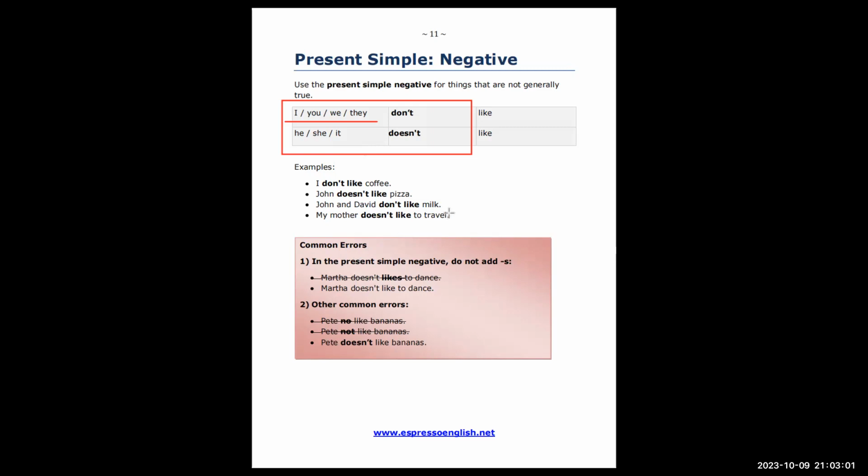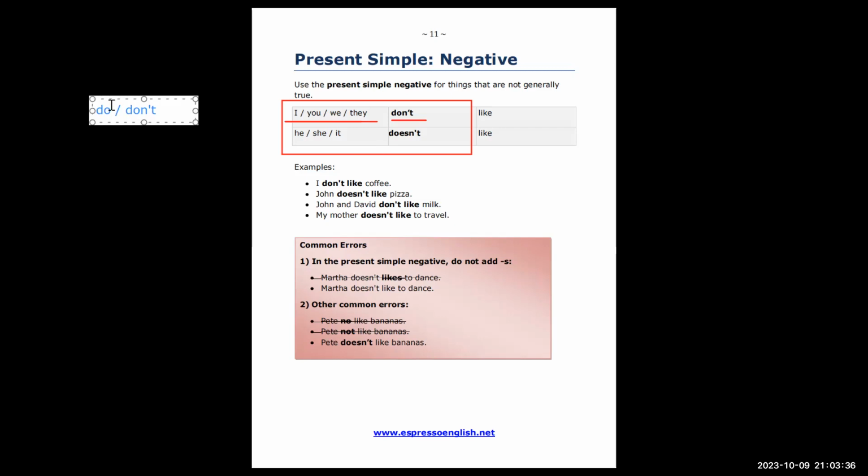Do or don't, if your subject in the sentence is I, you, we, and they.